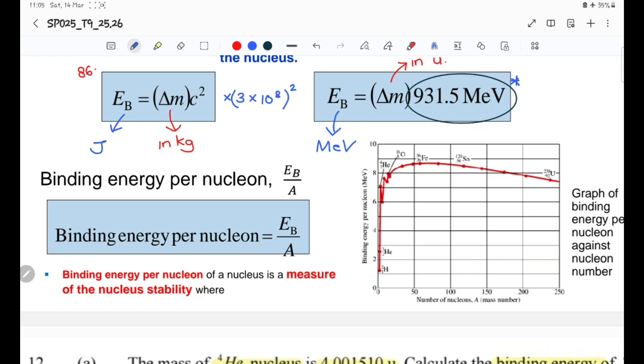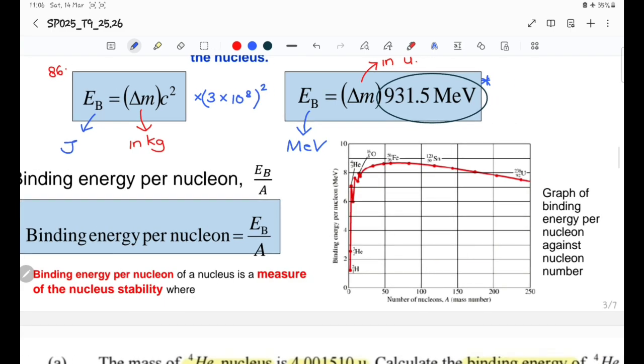Okay, right? So why is binding energy per nucleon important? Because this value measures the nucleus stability. Okay, so if you look at the graph that we have here, this graph shows the binding energy per nucleon EB over A against the number of nucleons A, right?